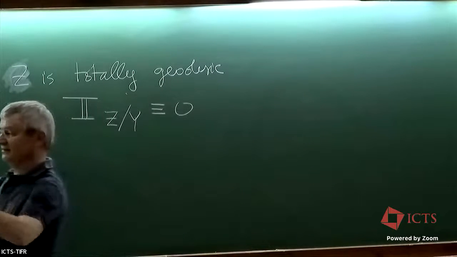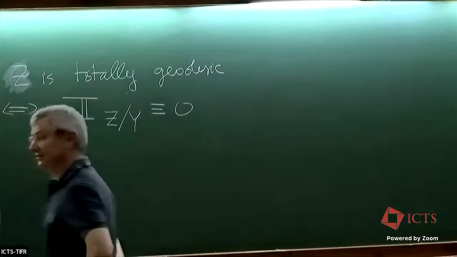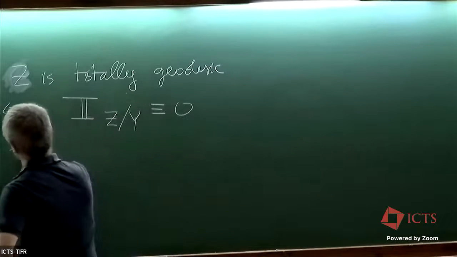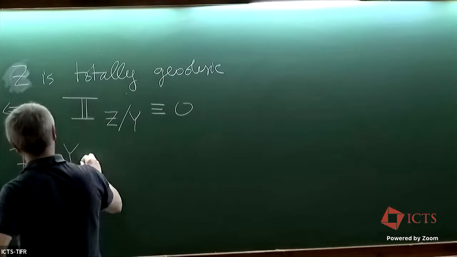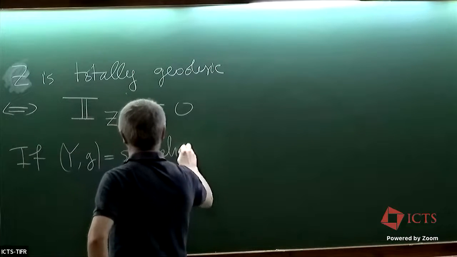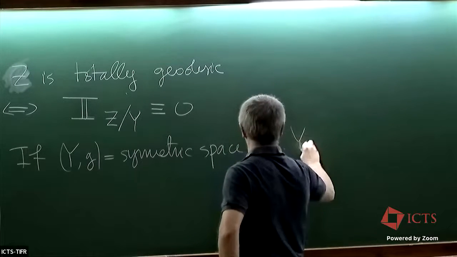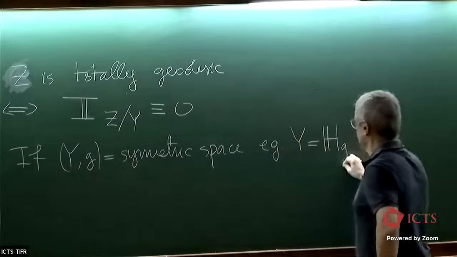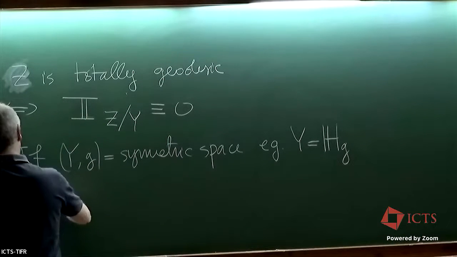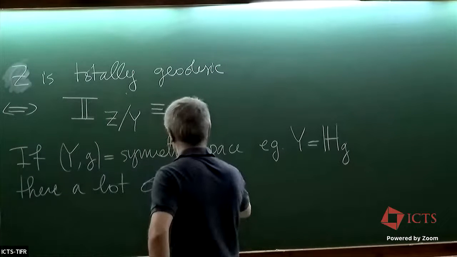So if you take the sphere and you deform the metric in some way, there are no totally geodesic submanifolds anymore. But if the ambient is a symmetric space, in particular, if the ambient is the Siegel space, then there are a lot of totally geodesic submanifolds.